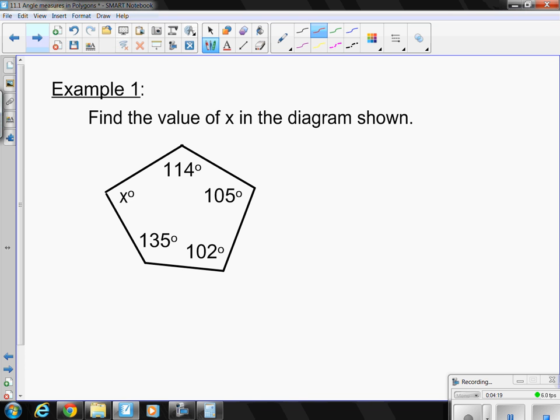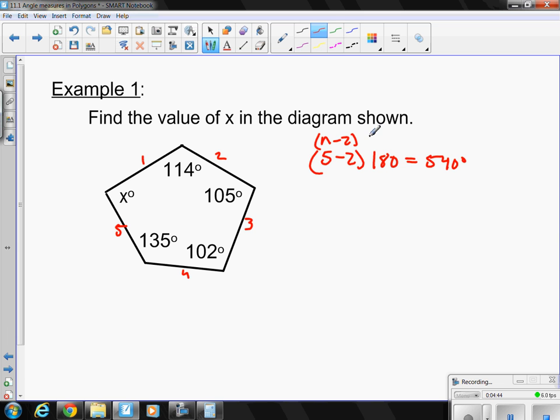So we can find the value of x in the diagram by first identifying the type of figure. This has 5 sides. So 5 minus 2, I'm using the formula to figure out the total sum of the angles. The total sum of the interior angles is going to be 540, right?